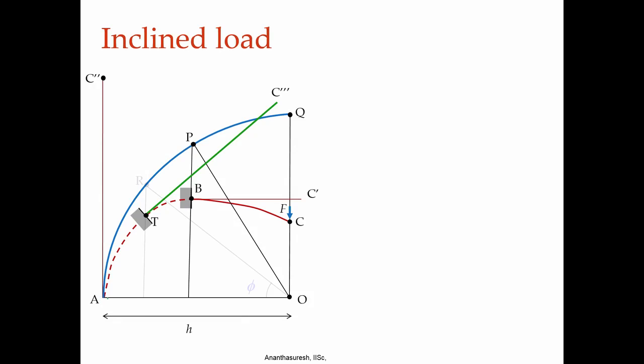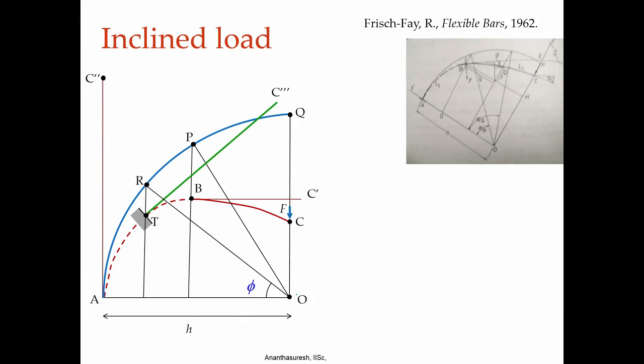So, in the inclined load, I can again take this general phi angle, draw a vertical line to TR, and then join R to O, I get this. Then I can remove the support B. This is what Frisch-Fay again gives in his book, as if we have turned the coordinate system. You see this coordinate system, what you had like that has been turned over there based on the angle.